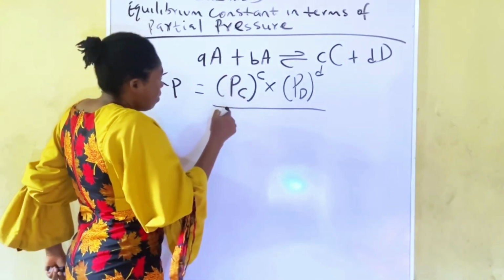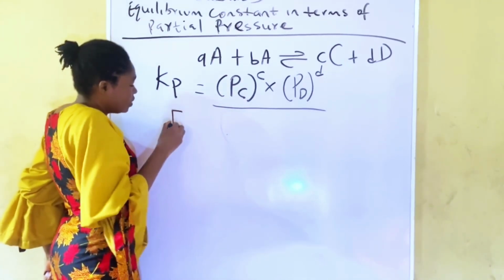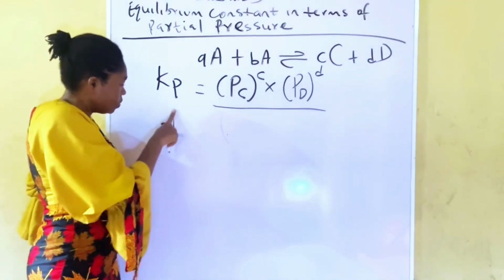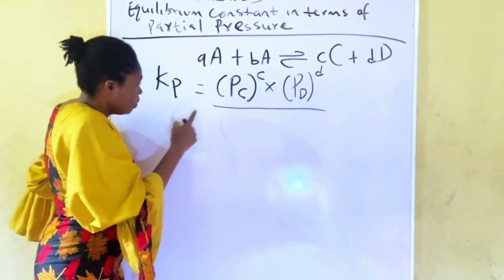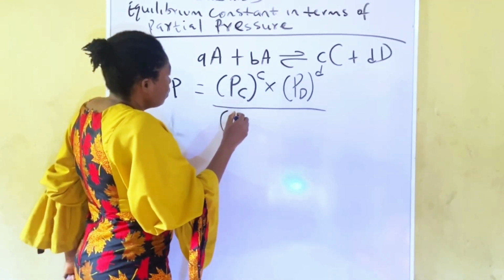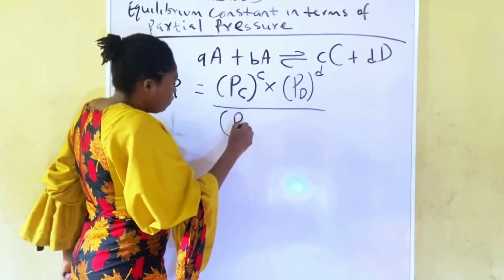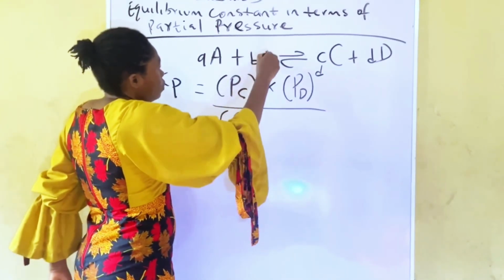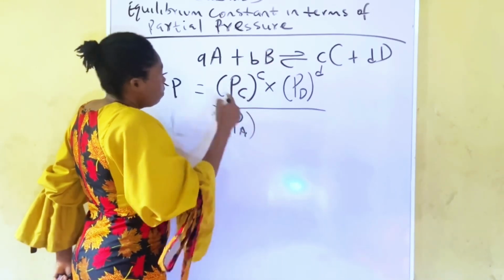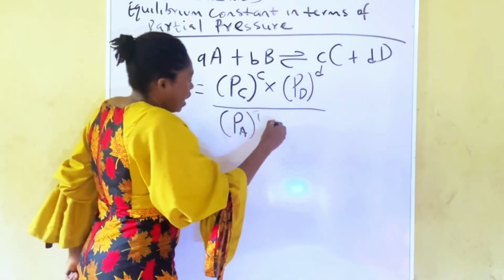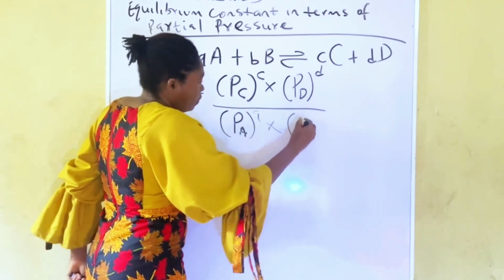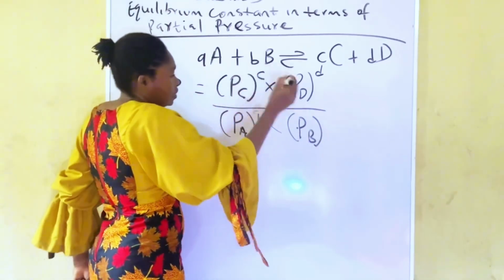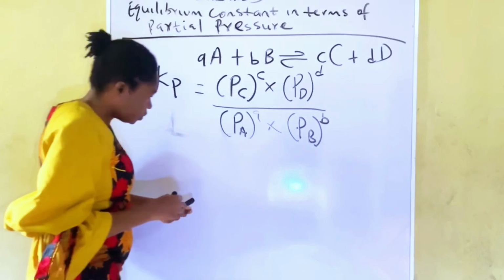Remember, I'm not using concentration, the square bracket concentration. So the partial pressure for reactant A raised to the power of its coefficient, small a, times the partial pressure for reactant B raised to the power of its coefficient, small b.